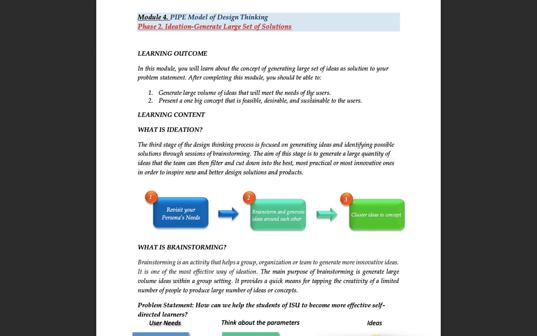Ideation is the process wherein you focus on generating ideas and identifying possible solutions through sessions of brainstorming. Brainstorming is an activity that helps a group or an individual generate more innovative ideas.